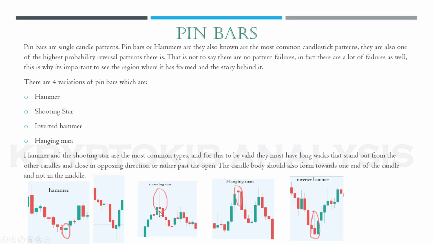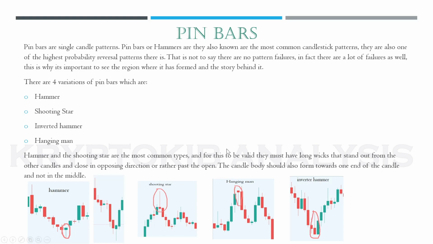As you can see here, we have the wick to the bottom, but it's shorter than the wick to the top. This is because the shooting star is a bearish reversal pattern. So whenever it forms, you expect it to be bearish, and it is telling a story. The hammer is also telling a story. I'm not going into that story at this very moment, but once we open our chart, I will be telling the stories.